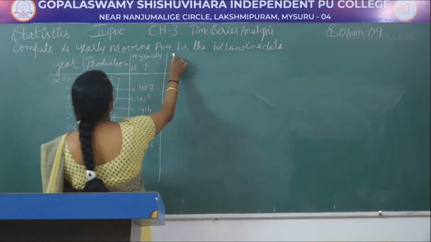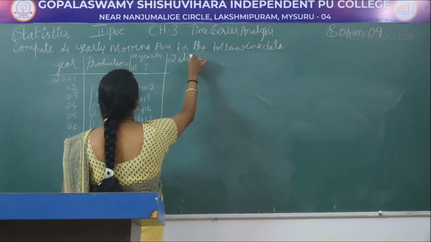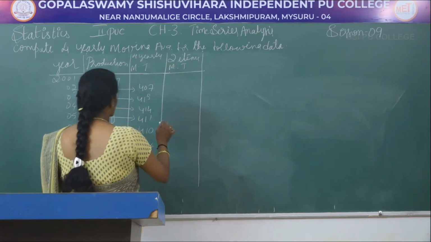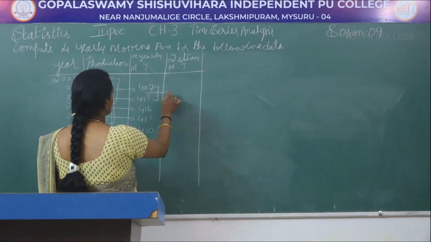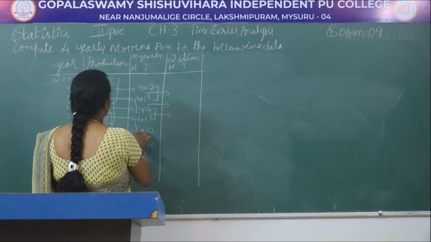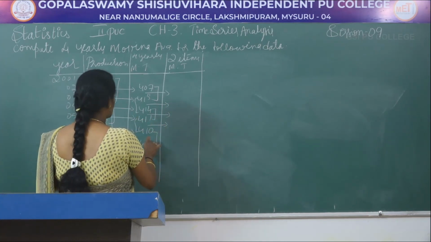Next 2 items moving total. Add this and write that in the correct position, so that at last it is easy to write.